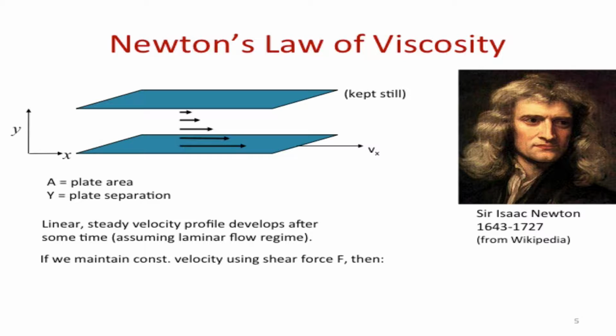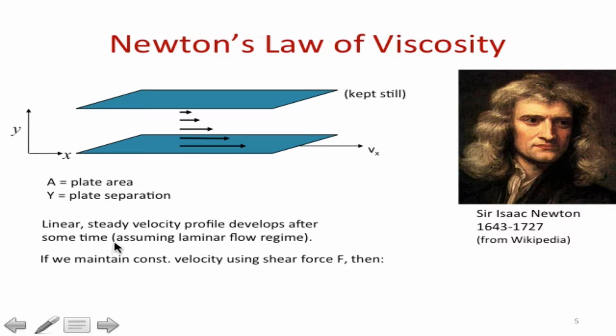If I have two plates, one of them is keeping still, and the lower one is at the constant velocity Vx. After some time, I will establish a linear profile, and basically I will change from 0 to Vx in a linear fashion.